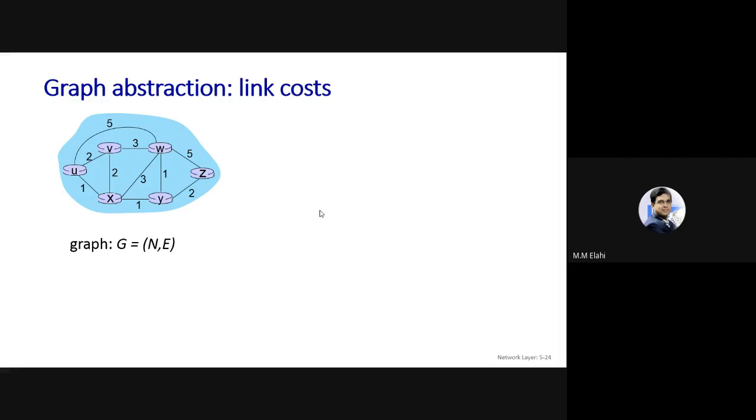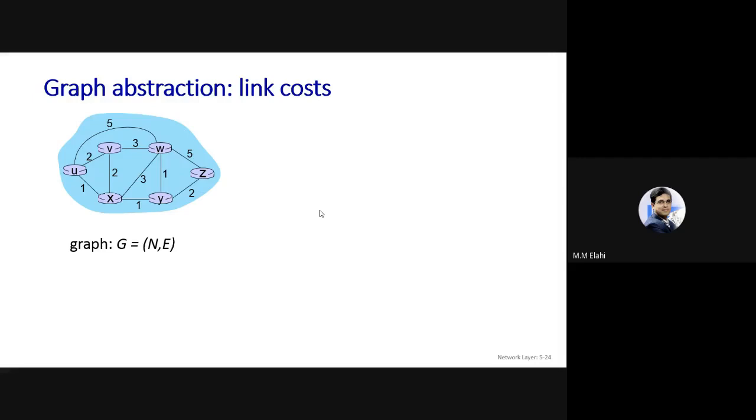So it is like that. We can think about a graph where there are different nodes. Nodes are actually vertices or routers. And there are some links or edges, and those links might have different costs, like 5, 2, 3. These are all costs.